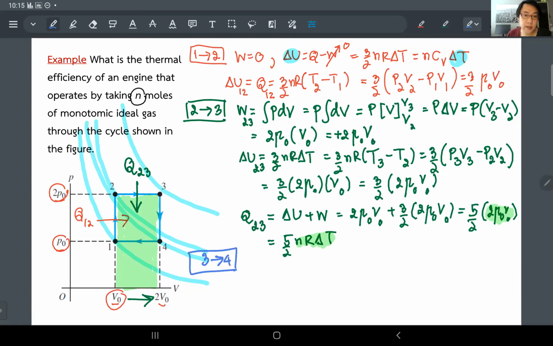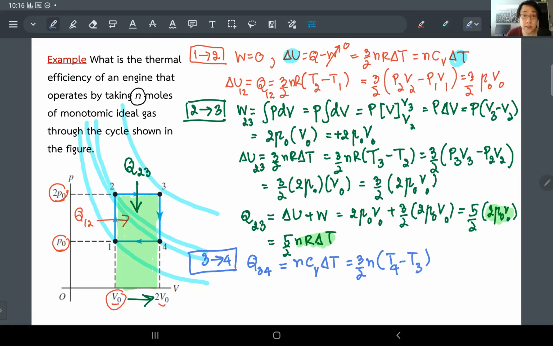From the look of it, it's going to look exactly the same as before because it's a constant volume again. Now we have already reviewed what we did before. From 3 to 4, it's a constant volume. It's going to be nC sub V delta T, and it's just 3/2 n, T final minus T initial.